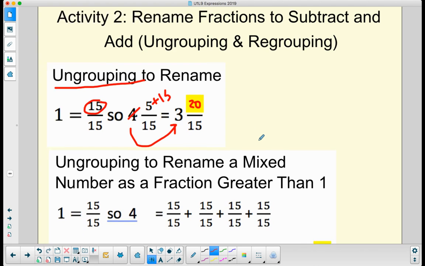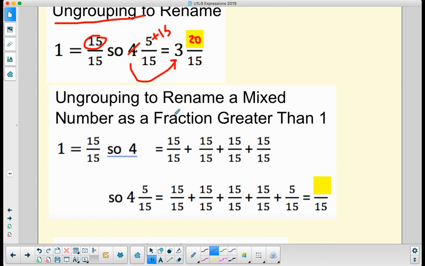Now, before I show you another way to do that subtraction, right here is taking 4 and 5/15. Here's 1 whole, 2 wholes, 3 wholes, 4 wholes, and 5/15. Look how I can show you. Here is 3 wholes, and there's my leftover 15ths.